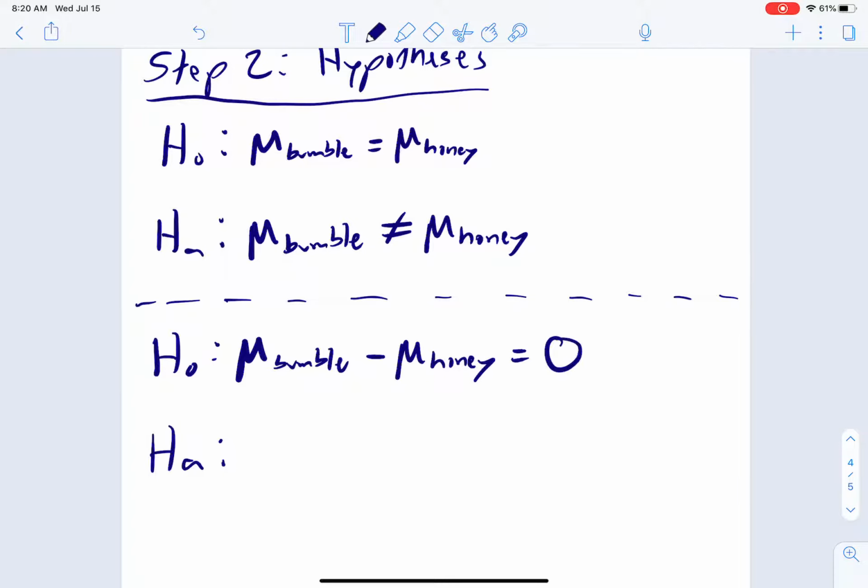This is saying the same thing as that: the straight up, literal, mathematical difference between the two is 0. Same thing here, because you can move this over, and then that means there's a 0 right there. Same deal, slightly different frame.